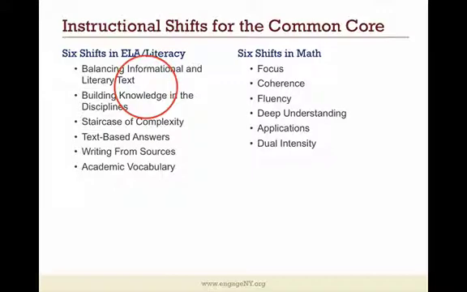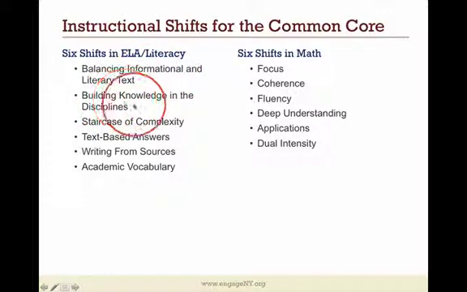Some of the criticisms haven't been validated by independent researchers, but I'll share them right here. The Common Core writers said that we've been using too many literary texts, narrative material, rather than informational textbooks in school. So the first shift is to have a greater use of informational reading in school.